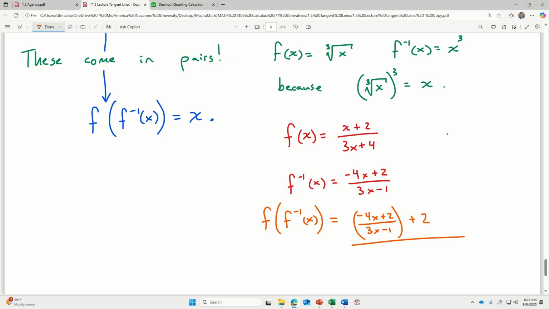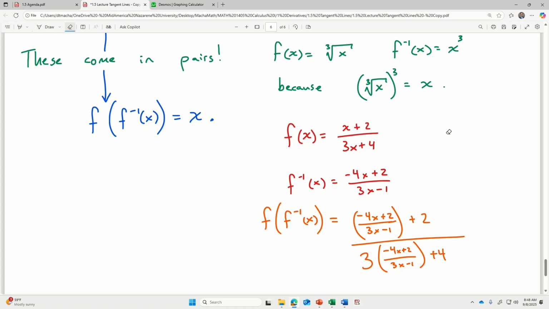So instead of x plus 2, I've got the whole inverse function plus 2. And then down below, I've got 3 times x minus 1. No, not minus 1. Sorry, I was looking at the wrong thing. That should be plus 4.